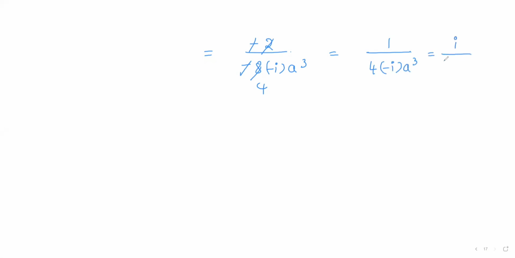So i divided by 4a³. So that is the residue of f(z) at z = −ia, which is i by 4a³. So we calculated the residue at both the poles of f(z). This completes the problem. So in the next video, we shall solve some of the problems based on Cauchy's residue theorem.